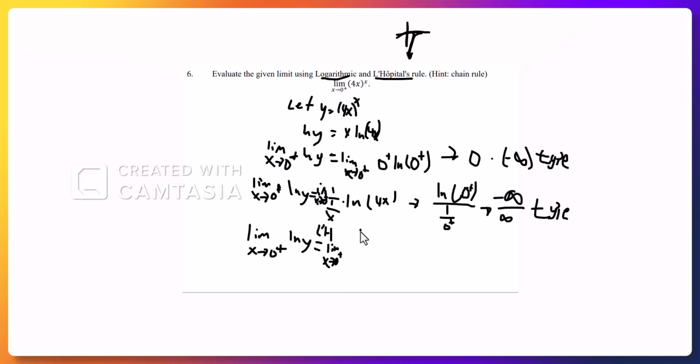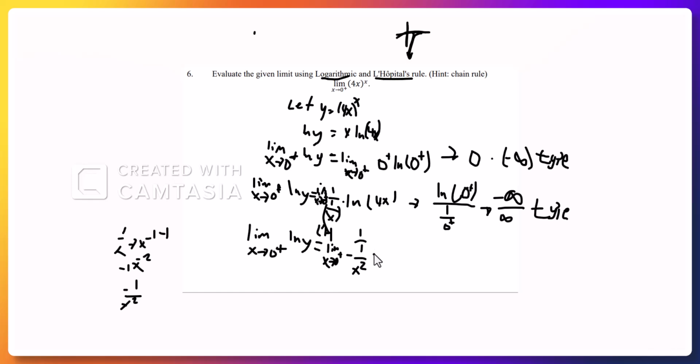So we get 1 over x on top, and the whole thing on the bottom is going to be negative 1 over x squared. We get this from the derivative of 1 over x, because 1 over x is x to the negative 1, and if you bring down the negative 1 and subtract 1 from the exponent, it'll be negative 2. So we'll get negative 1 over x to the power of 2, in case you were wondering.